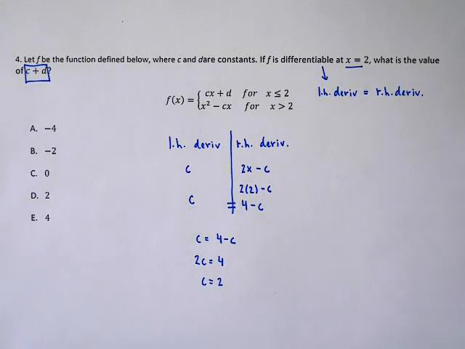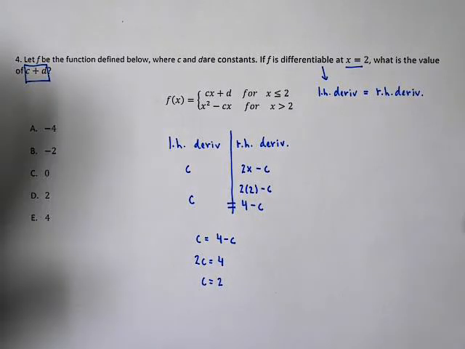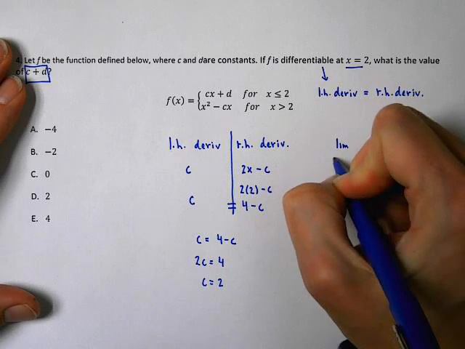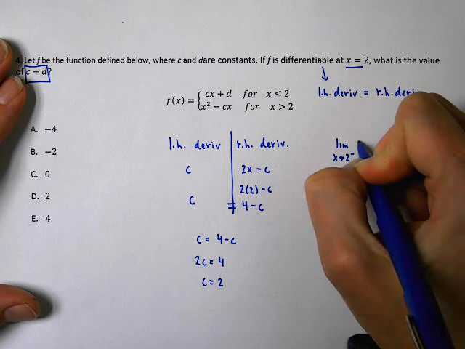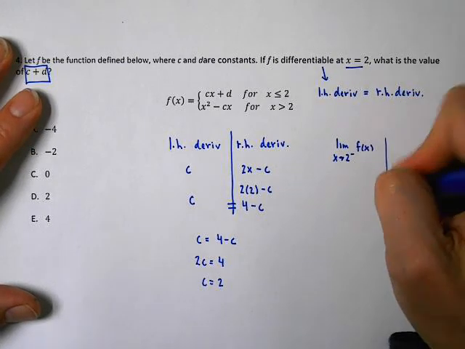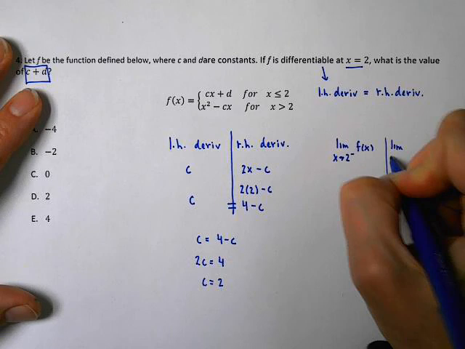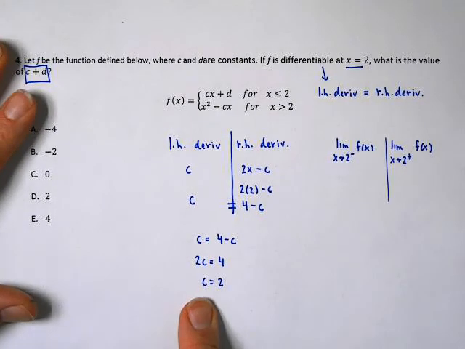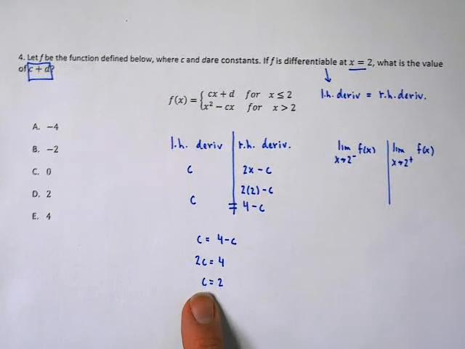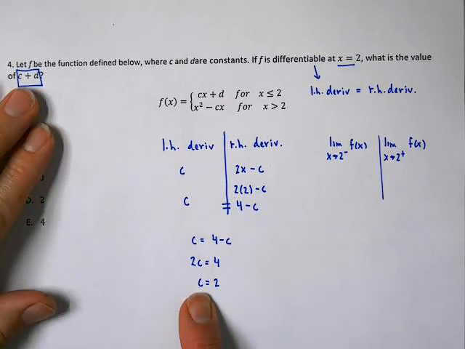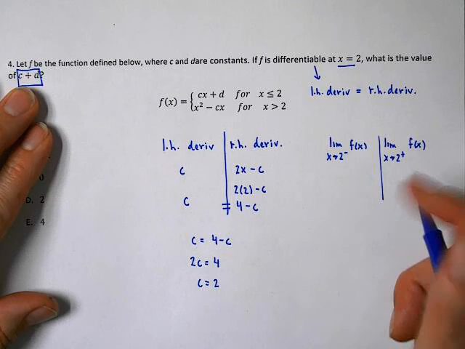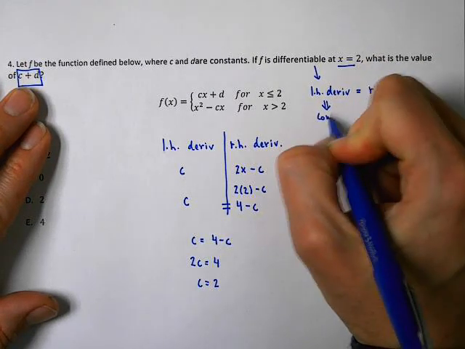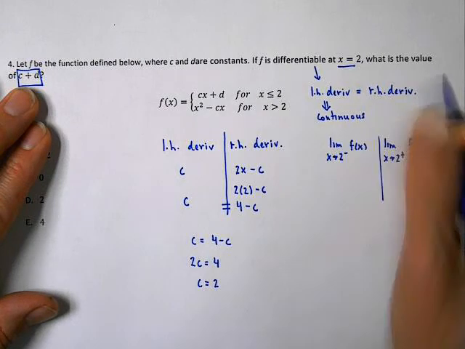I also know that since this is continuous, my left-sided limit is going to be equal to my right-sided limit. Right now I don't have a way to go back and find my value of d. So we started here, and then we also said, if f is differentiable, we also know that f is going to be continuous. So let's see if looking at this helps us.